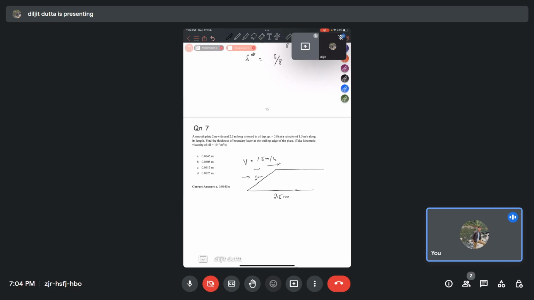Find the thickness of the boundary layer at the trailing edge of the plate. So trailing edge means at this point; this is the leading edge, this is the trailing edge.